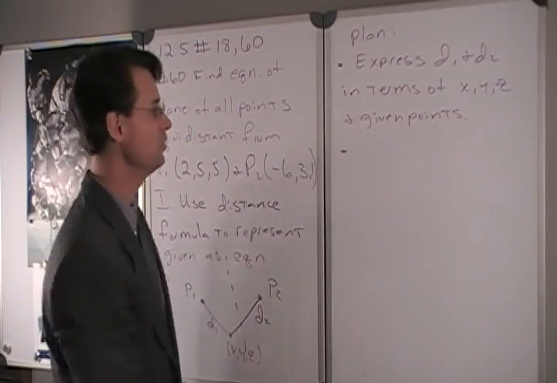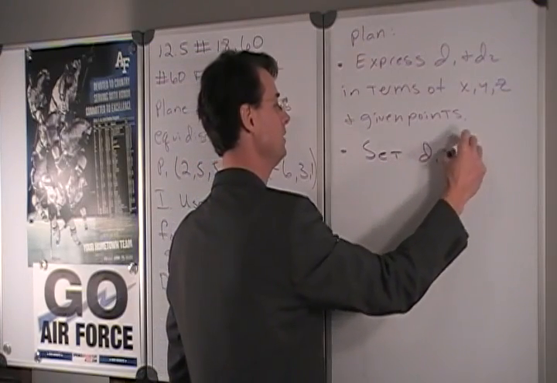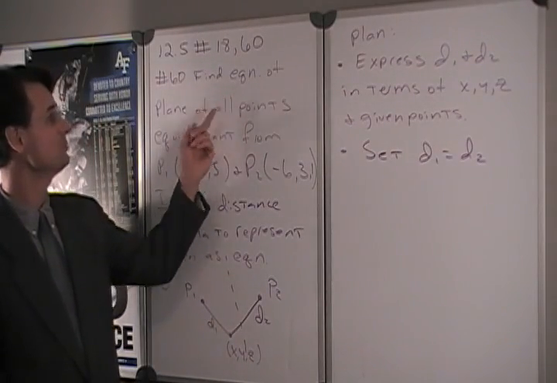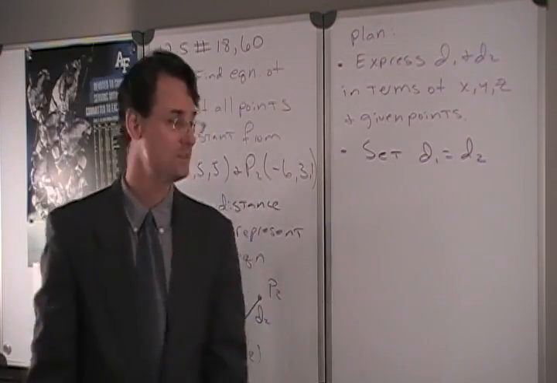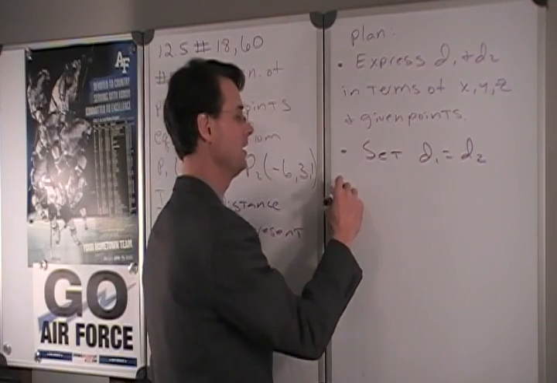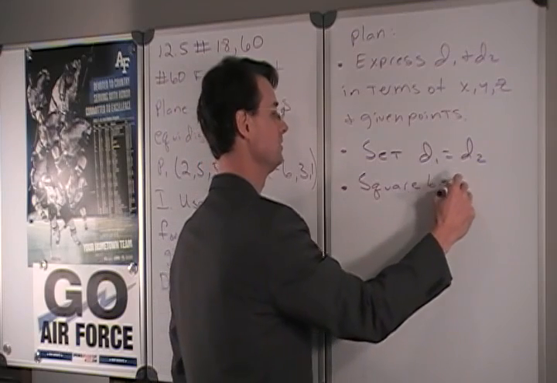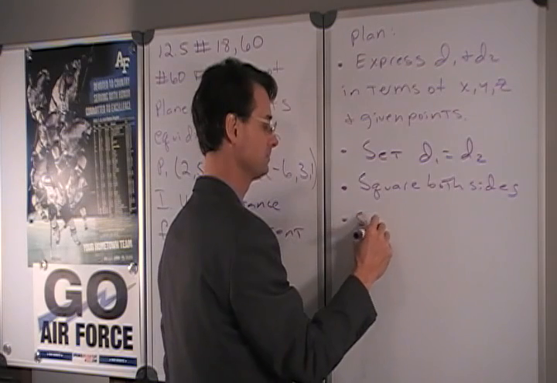And the next thing we can do is set d1 equal to d2, because that's our given information. In other words, that's what equidistant means. Equidistant means that the two distances are equal, and then we can square both sides, and then we can simplify.